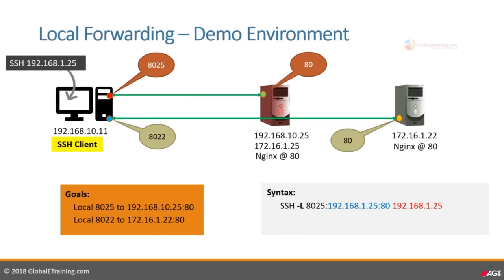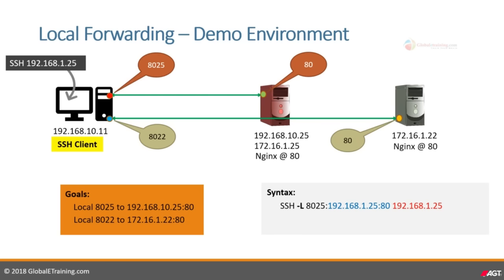So when you open up your browser on the 192.168.10.11 machine and browse to the local IP address 127.0.0.1 using port 8025, you would actually see a website coming from the jump box.